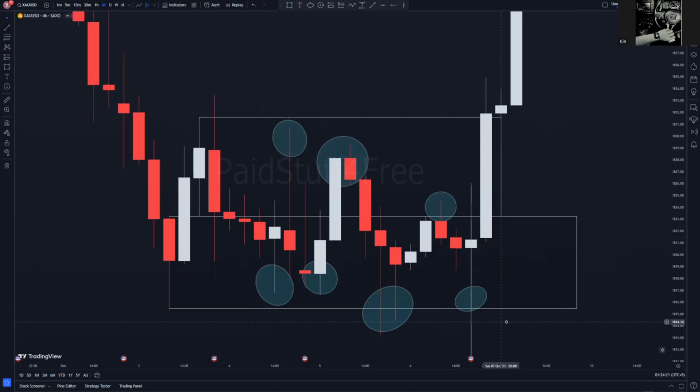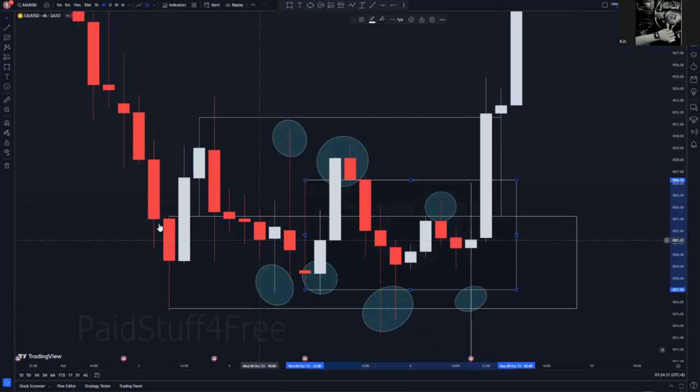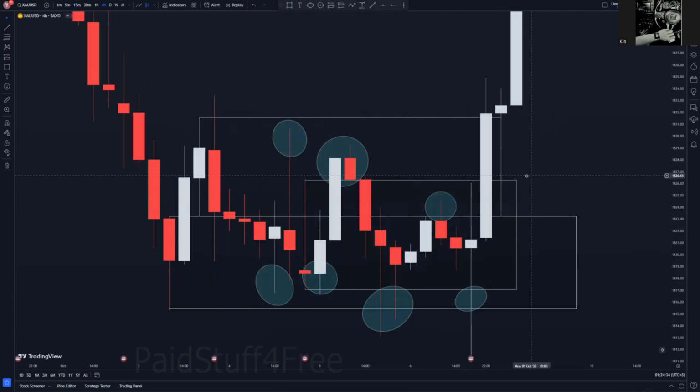Back to what I said, when we talk about zones, we need to be flexible. For example, whether you mark this buy zone like this or like that, the current market price will be at the same level, and we are just going to keep monitoring somewhere over here anyway.